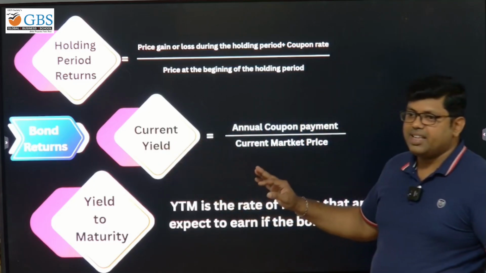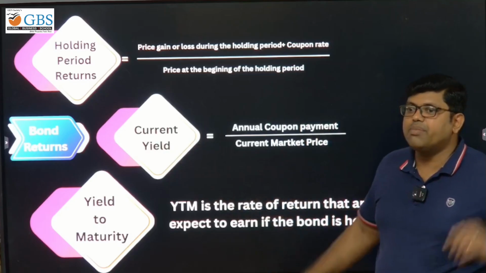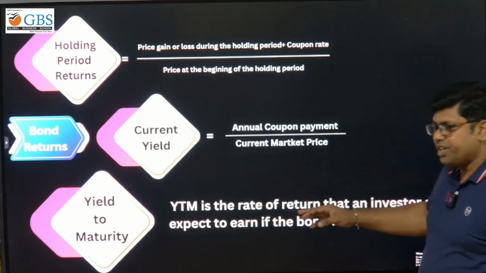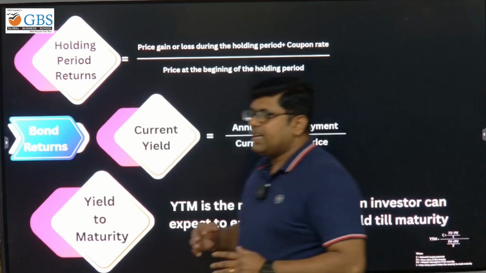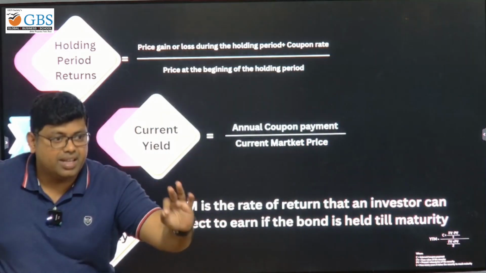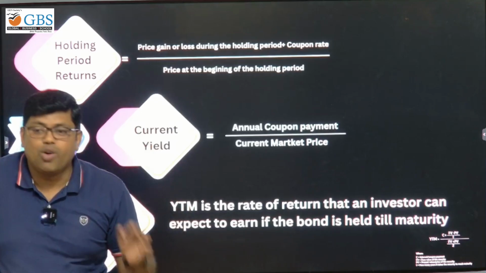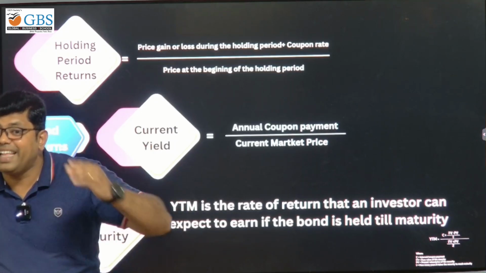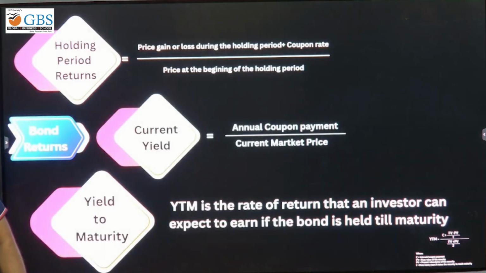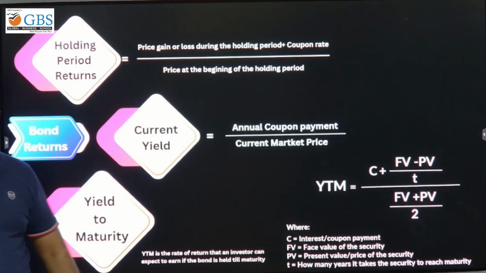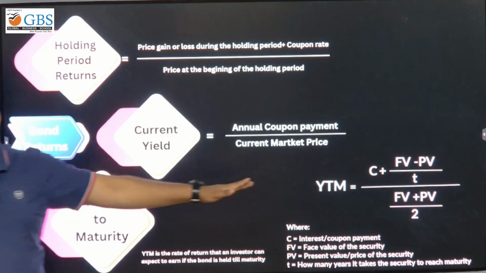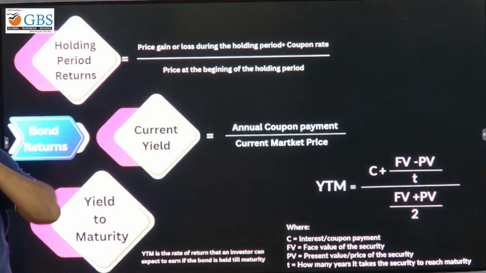Then current yield uses the current market price. Then yield to maturity is the expected rate of return if the investor holds the bond till its maturity. So what is the formula? This is the formula, very, very important. We are going to use this formula to solve the problems.